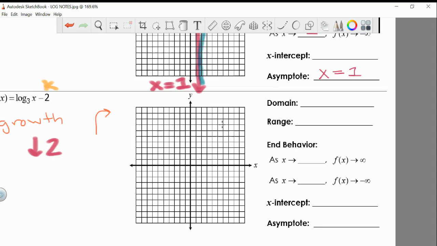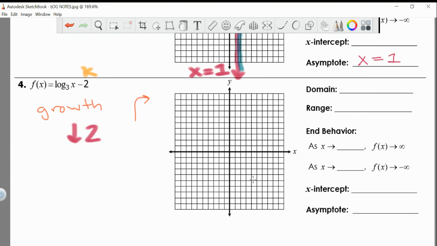And then to do number 4, even faster, if we go down 2, that is not going to move my asymptote. Going down 2 is not going to move my asymptote. If I take this asymptote and I move it down, it's still right where it was.